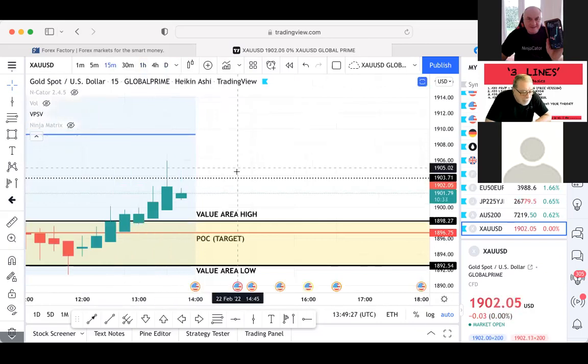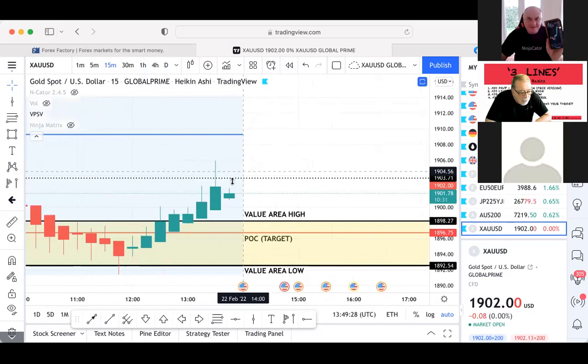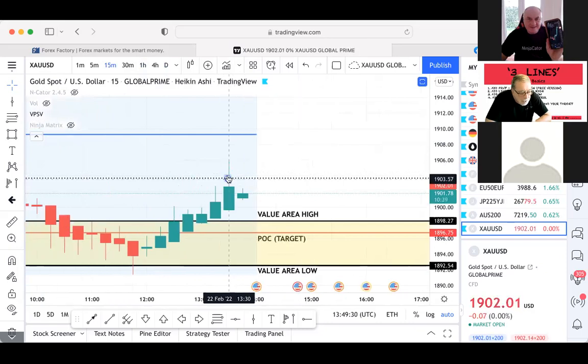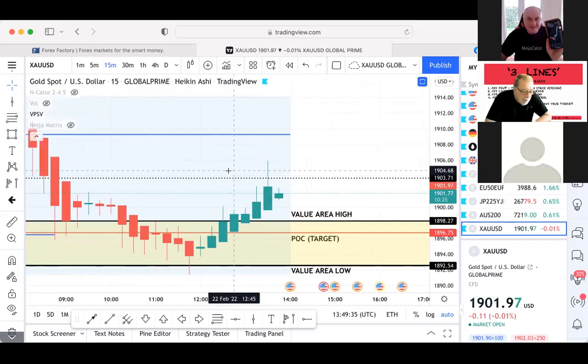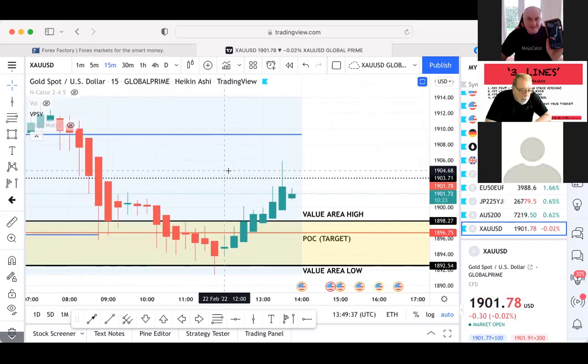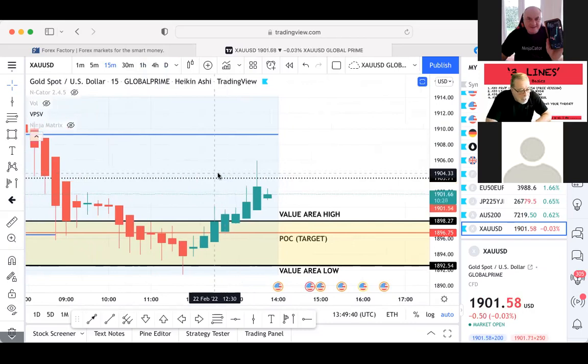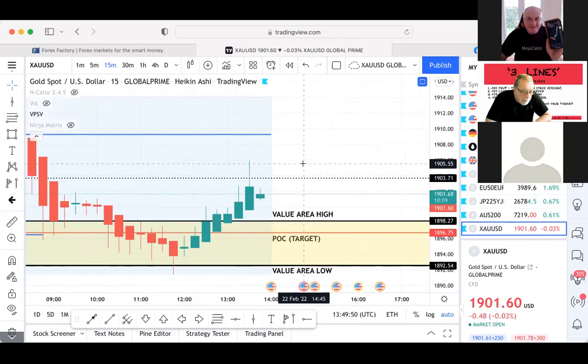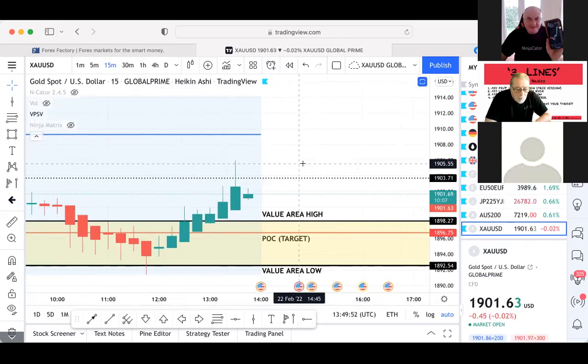Yeah, it's rejecting off this line. I didn't make a note of when that was formed, but it's going back quite a way. But it's obviously still valid because price is trying to get through it, and it's not doing it. It's not making it.